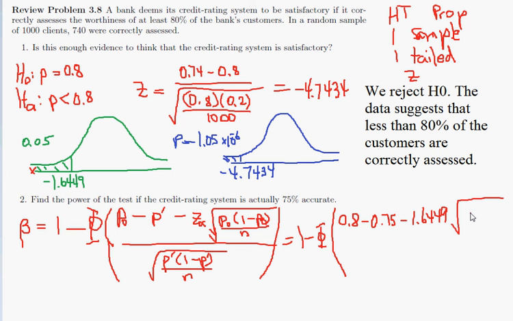Times the square root of 0.8 times 0.2 over 1,000, divided by the square root of 0.75 times 0.25 over 1,000.